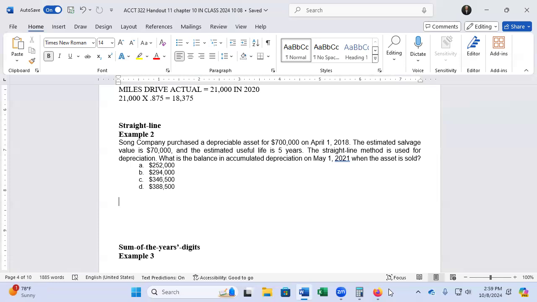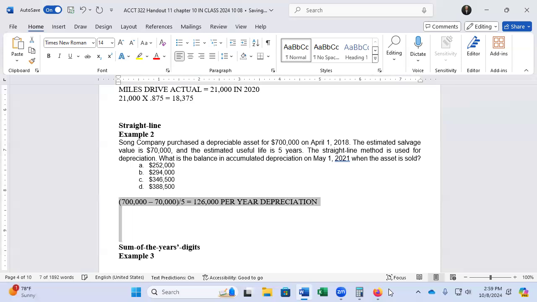You can go about this a couple different ways. We can take the historical cost, 700,000 minus the 70,000, and then divide this by 5. That comes out to, I think, 126,000 per year depreciation. I'm going to take the 126 and divide it by 12 to get monthly.